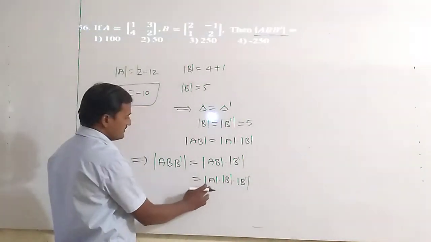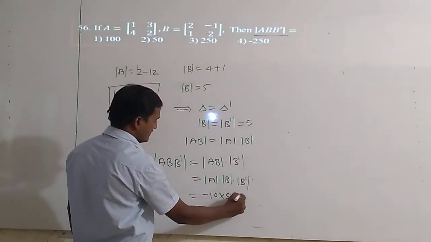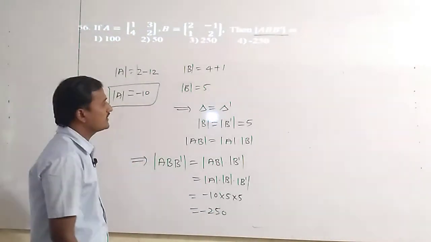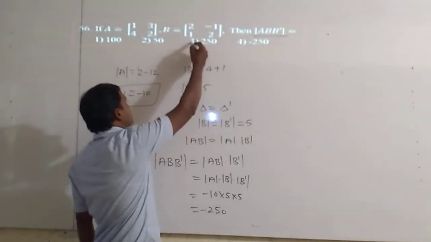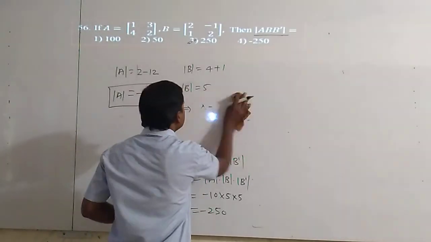So therefore what is the value of determinant of A? -10, and here it is 5, and here it is 5. So therefore your answer is -250. Okay, so which option is the right one? So the third option is the right one. Okay, we'll go for the next question.